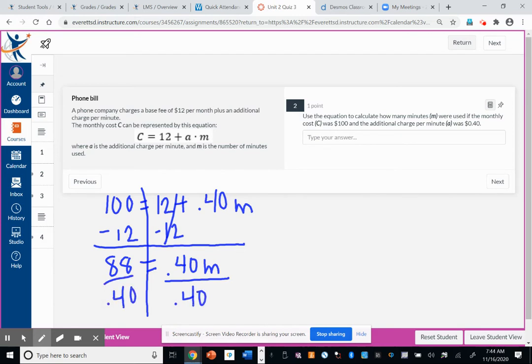And 88 divided by 0.40 is 220. So this time there were 220 minutes used in that situation. And so 220 goes here. And we move on.